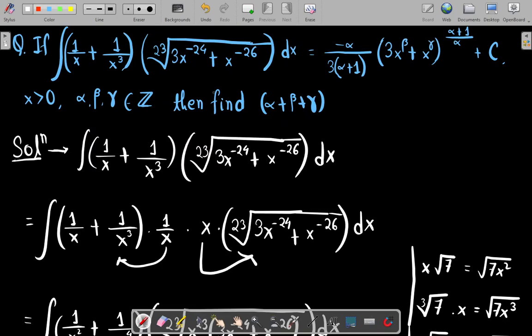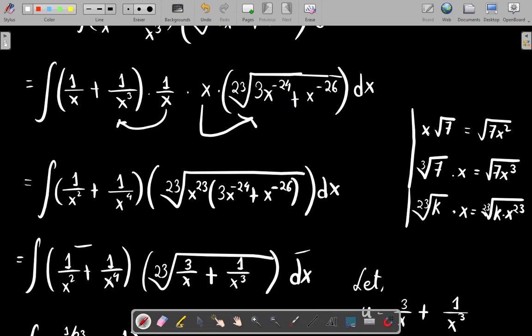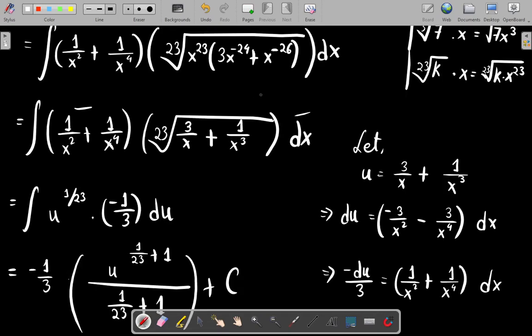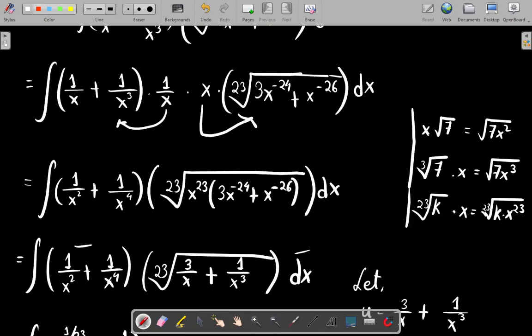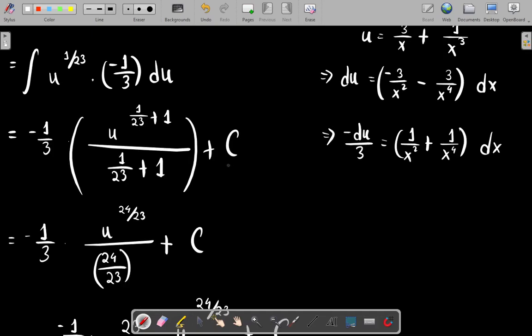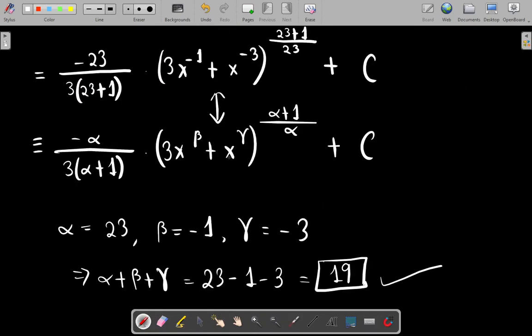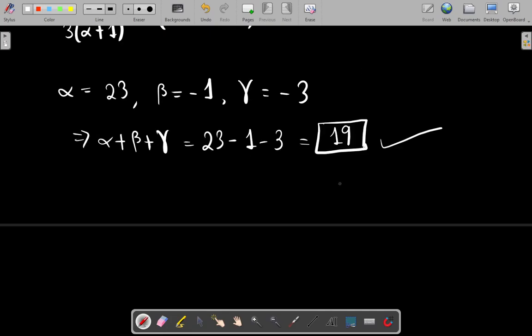So you try and solve such integrals for the upcoming seasons if you are appearing again, or if you are appearing for the first time. It was very tricky, but it was very satisfactory once I was able to solve it. It's not that difficult. Once you do the substitution, it becomes very solvable, right? So this is the required answer, 19 here.